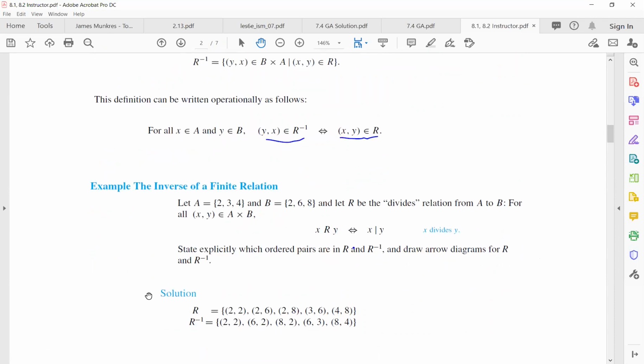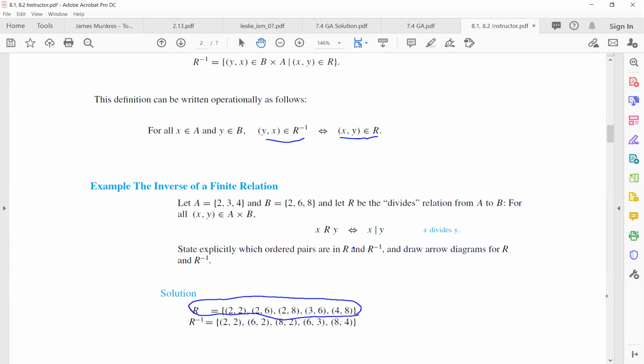Okay, 2 divides 2, 2 divides 6, 2 divides 8, 3 divides 6, 4 divides 8. These are all the elements in the first relation.